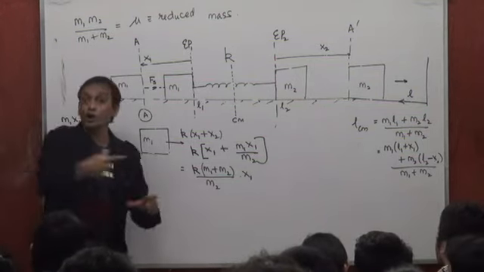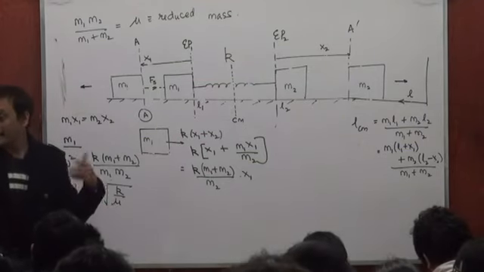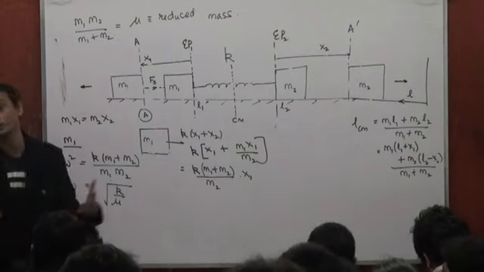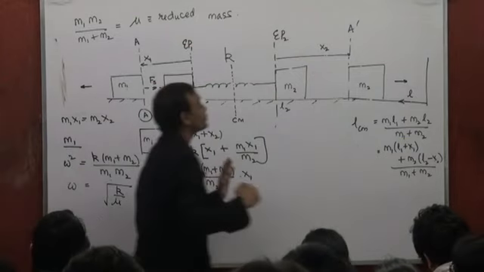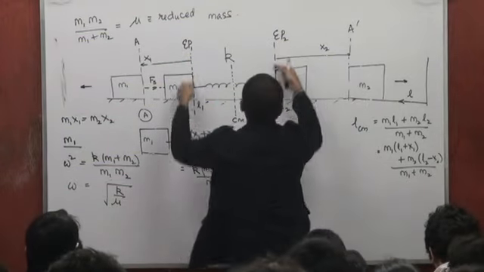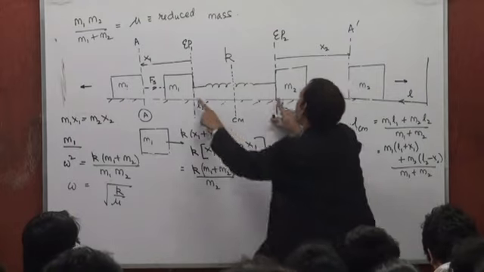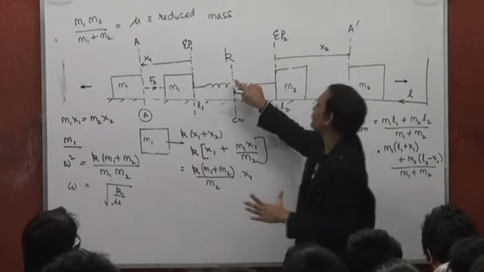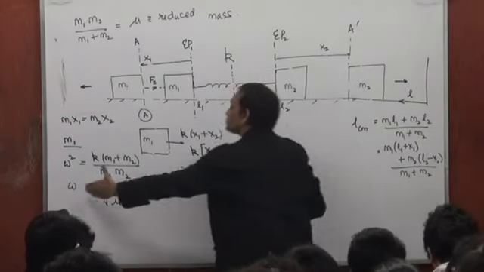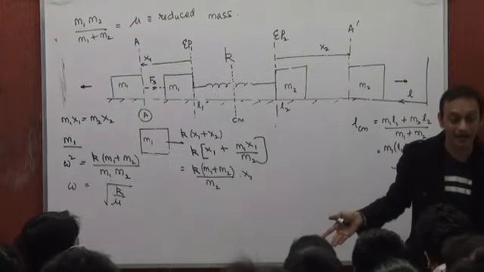So m2 will also execute simple harmonic motion with the same omega. Yes or no? So both m1 and m2 execute simple harmonic motion about their equilibrium positions, which are commensurate with the natural length of the spring. The center of mass stays put, and this becomes the angular frequency of the two oscillators m1 and m2.